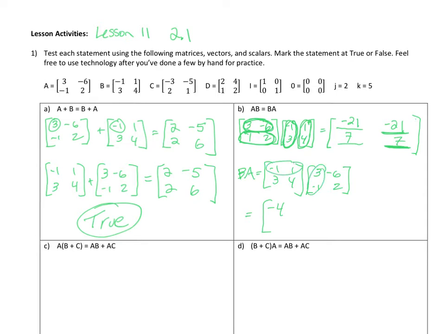Yep. And then first row, second column, I get 6 plus 2 is 8. Second row, first column, I get 9 minus 4 is 5. And then -18 plus 8 is -10. So A times B and B times A, not the same.